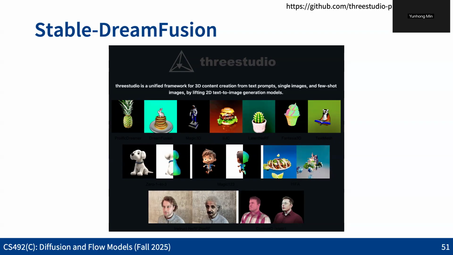But when it comes to making 3D using 2D priors, what would be some failure cases if we only have the 2D information to make 3D?